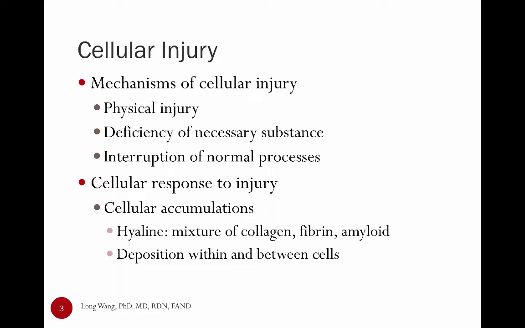For example, part of the response to cellular injury is that we can find the deposition between different cells and within the injured cells a mixture of collagen, fibrin, and amyloid called hyaline. Recall, fibrin is the protein that is activated through the coagulation process, and fibrin protein is insoluble.